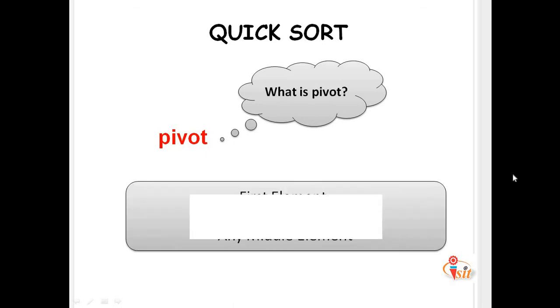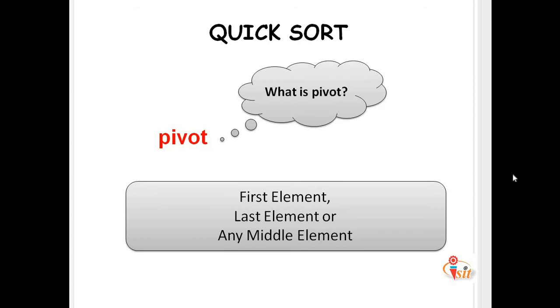When we implement quicksort, the first element from a list, the last element from a list, or any middle element from a list can be considered as a pivot element. In this particular session we are taking the pivot as the first element of a given list.